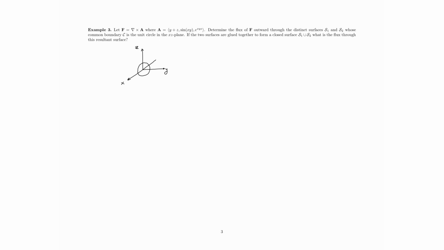Something like that. All right, delete this little bit. So there's our circle in the xz plane. And there's supposed to be two surfaces attached to it. So let's do two surfaces. One, maybe this is something like that.